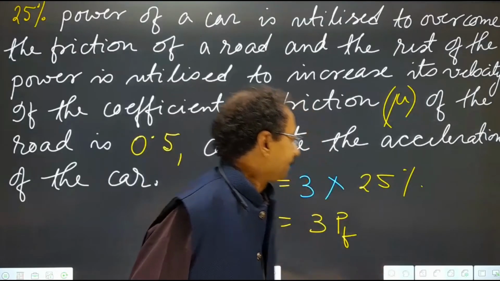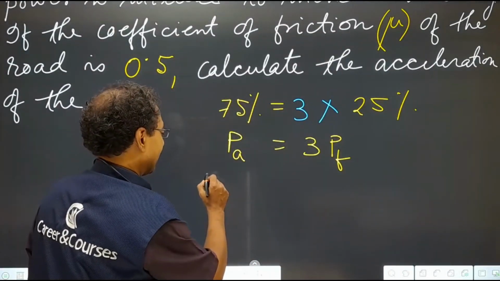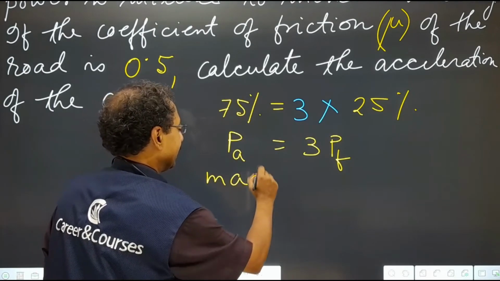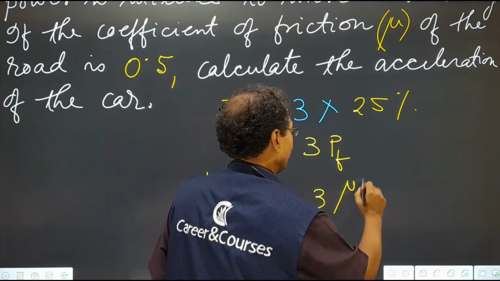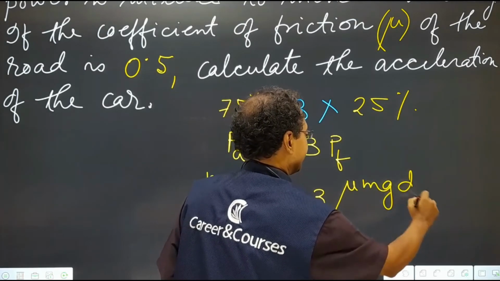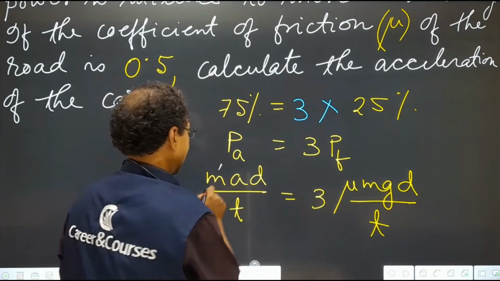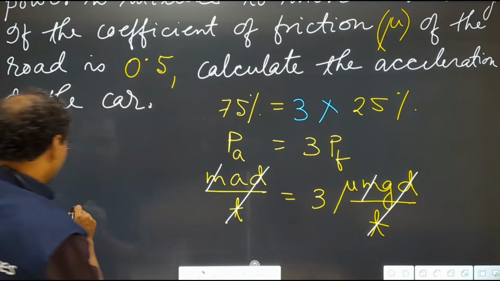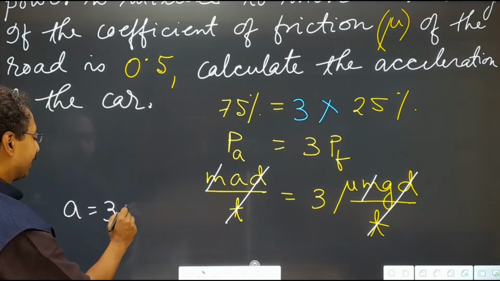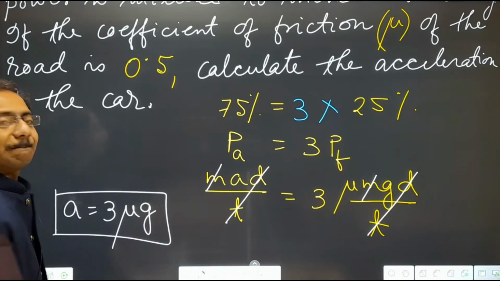That means in this case, PA means 3 times mad by t, and this part is mu mgd by t. Now after calculation, what are you getting? This m and d by t will be cancelled out from both sides, and we get a is equal to 3 mu g.